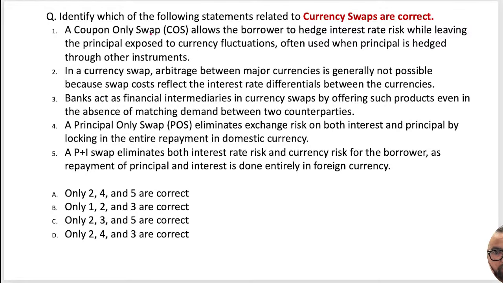Coupon only swap allows the borrower to hedge interest rate risk while leaving the principal exposed. This statement also we have gone through now.